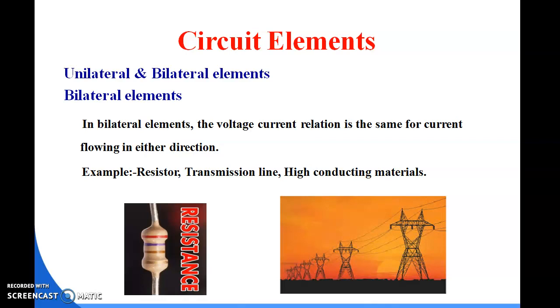For example, resistor, transmission line, high conducting materials are examples of bilateral elements. And also DC circuits. Okay. On the right hand side, there is a picture of transmission lines, and here is the resistance picture. Now you see the examples of bilateral elements.